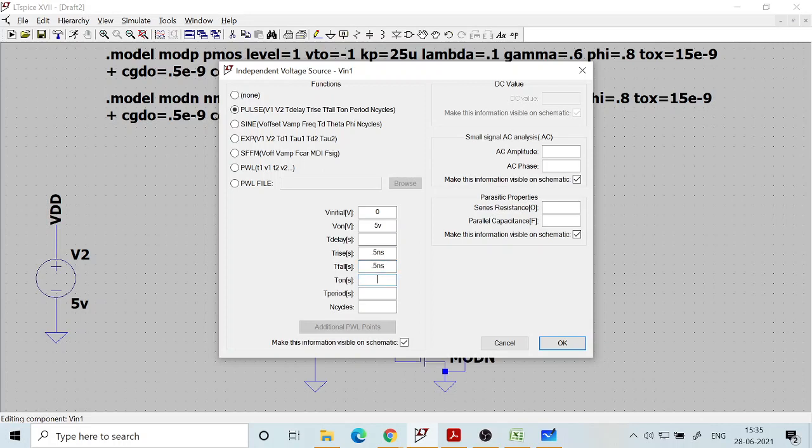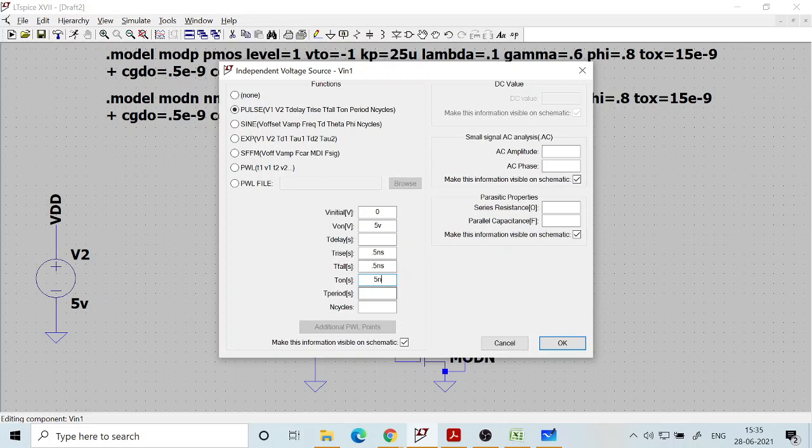and T on, let me give it as, let's say, okay, so that means how long it is going to stay at the high state. That's what we mean by T on. So T on, let's say we can give 5 nanosecond.